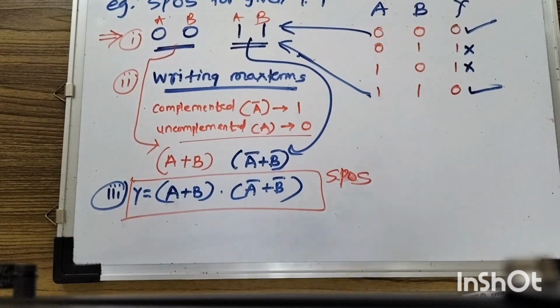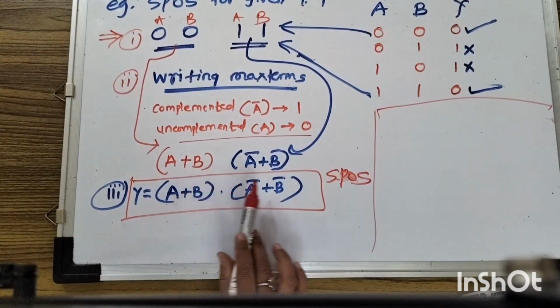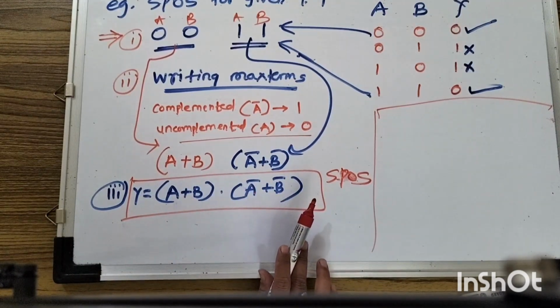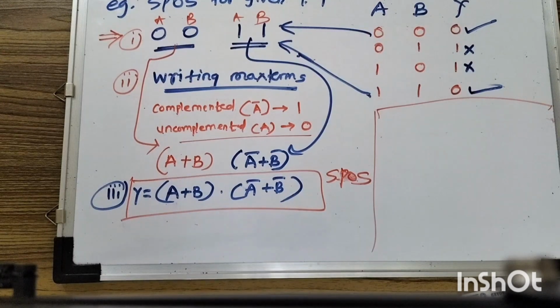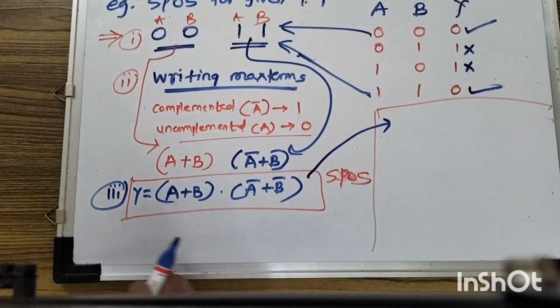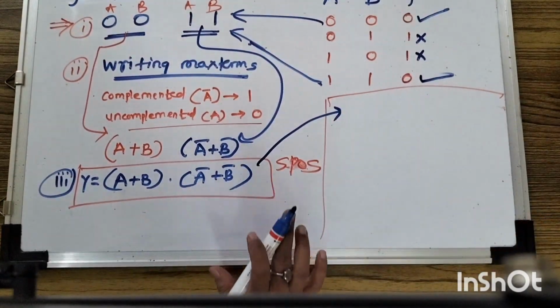Now if I want to write this standard POS form in terms of max term form, how can we write it? You can see my last videos, in which I have already explained it, but I am explaining it in this video as well. This is our logical expression.